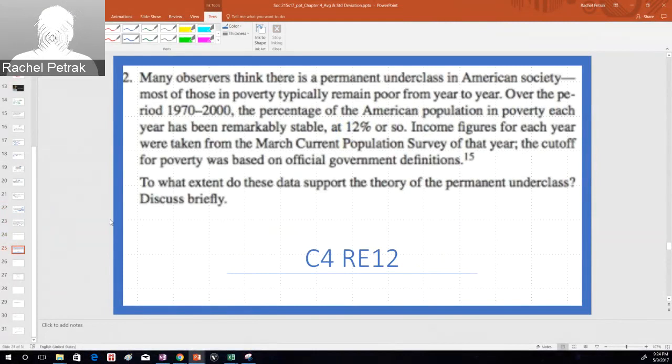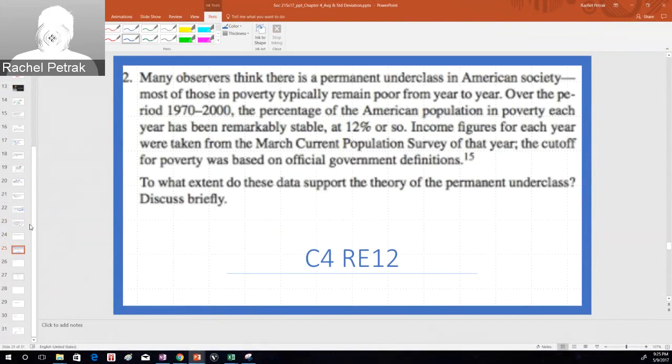We're looking at different participants at each time point. And so we would have a better argument for a permanent underclass if we had longitudinal data where we were able to follow the same subjects from time point to time point and to verify that those people stayed in poverty across time.